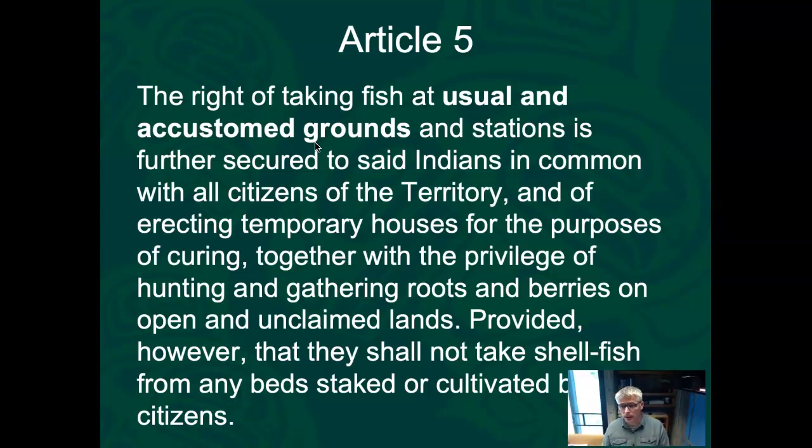Those are usual and accustomed areas. In most tribal parlance, that's often referred to as UNA, usual and accustomed. So Lummi has a UNA, Tulalip has a UNA, Swinomish has a UNA. Usual and accustomed fishing grounds are areas on the map interpreted as places where people can go and fish under Article 5 of the Stevens Treaties.